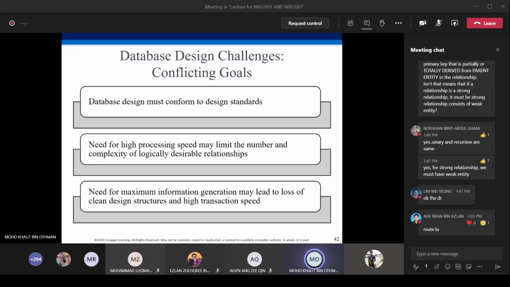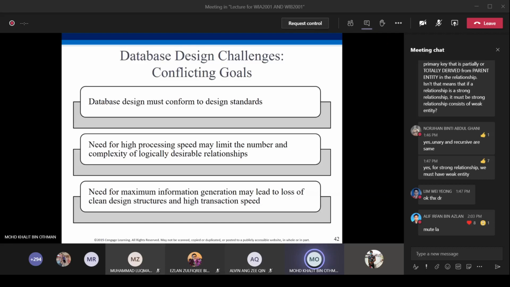First, database design must conform to design standards. The design standard allows you to work with well-defined components and to evaluate the interaction of those components with some precision.